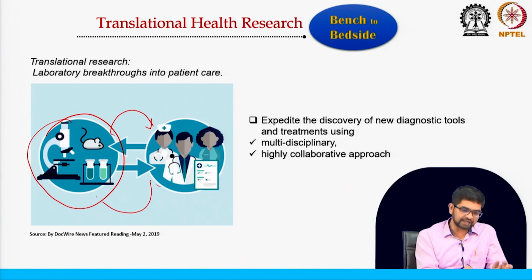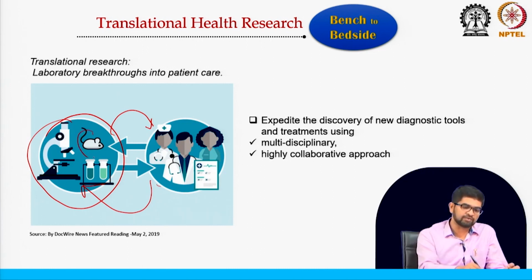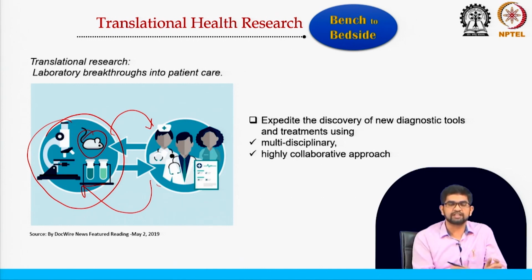We can come back to the laboratory, improve it and try to fix the issues. We can do the testings again, go for the animal trial again, and give it again to the doctors or hospitals, and they can validate your technique this way.